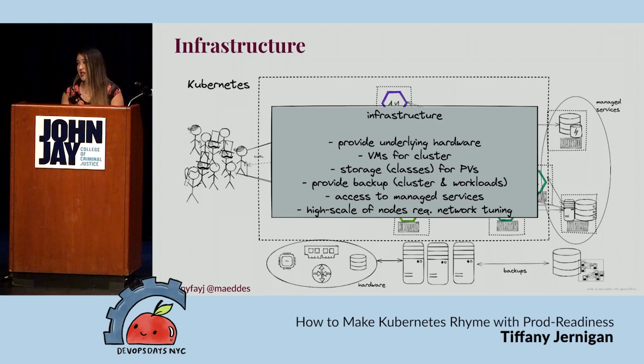They'll work pretty much the same for any cluster that you end up using, but if you want to attach some sort of external storage, for instance, running on some cloud provider that is not specifically part of what you're trying to set up with Kubernetes, then you need to provide this and tell Kubernetes how to consume it. There's things with backing up your infrastructure and your workloads, which I was just mentioning. And then there's being able to connect to things outside of Kubernetes, such as databases, and making sure that whatever you're running is accessible to your workloads.